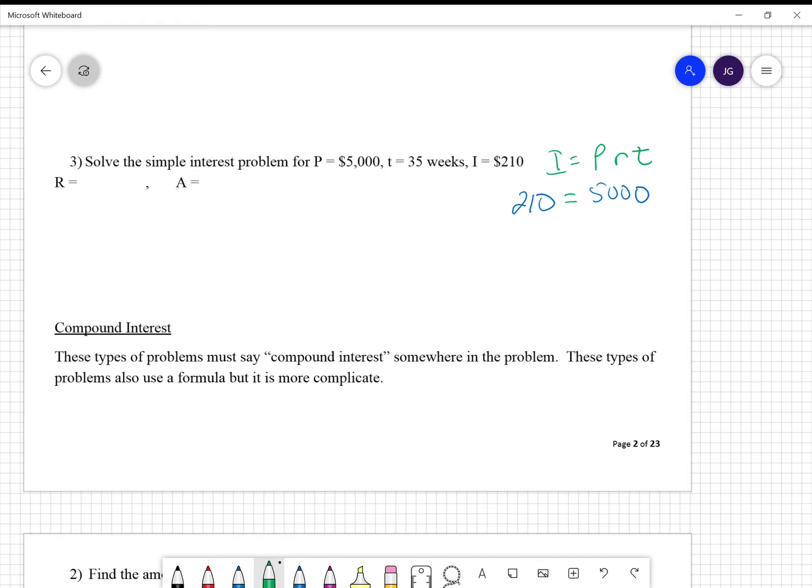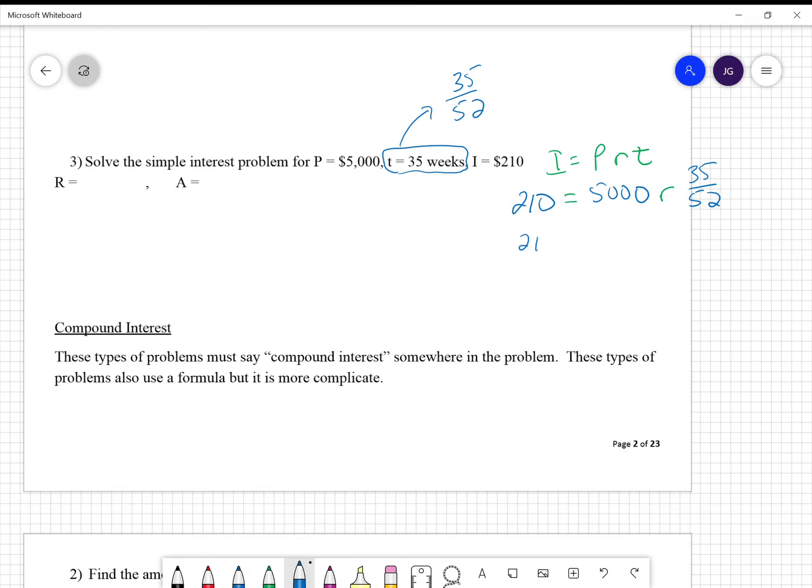R I don't know. And T is in weeks. So here you need to convert this to years. Well, it's 35 out of 52 weeks. So I can simplify that on my calculator. 5,000 times 35 over 52.